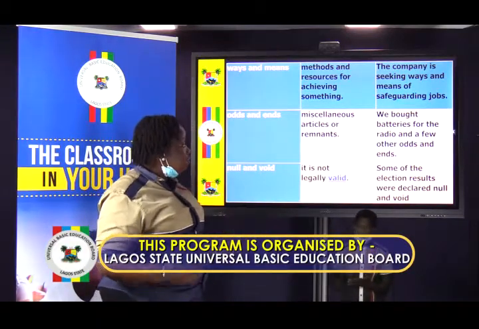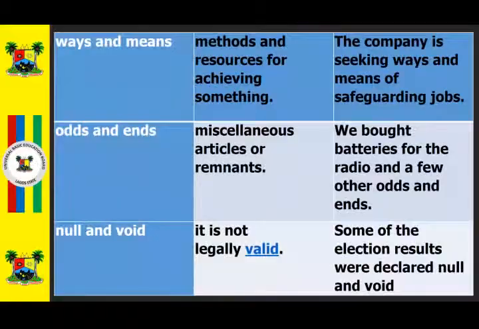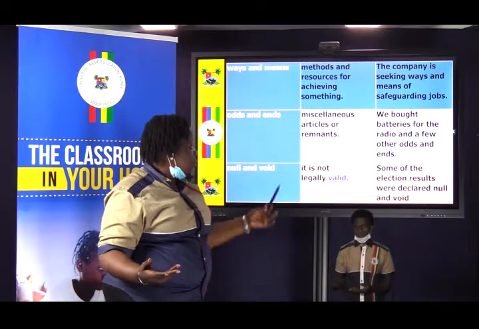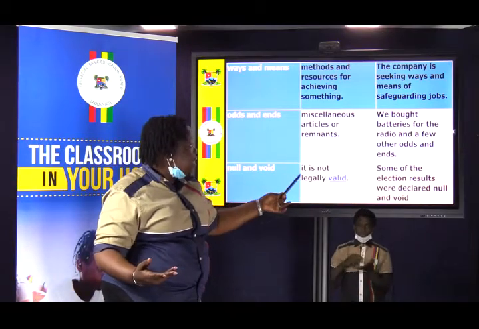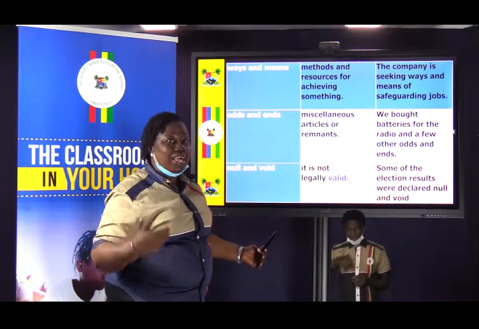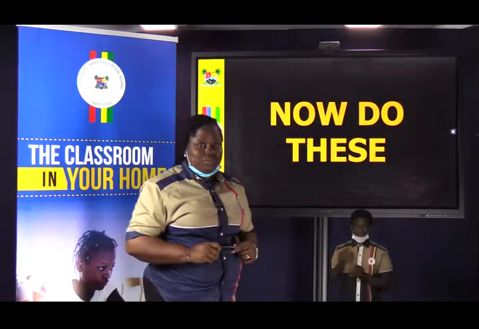We bought batteries for the radio and a few other odds and ends. After buying batteries for the radio, we bought other articles. That is what we meant by saying we bought batteries for the radio and a few other odds and ends.